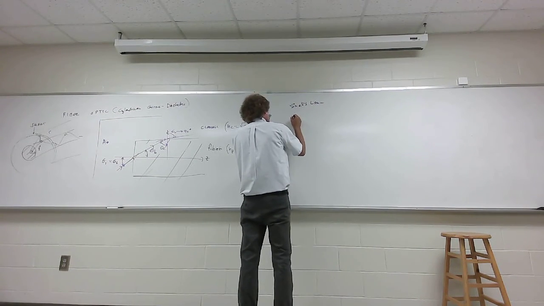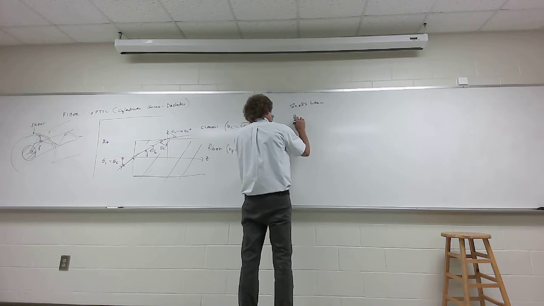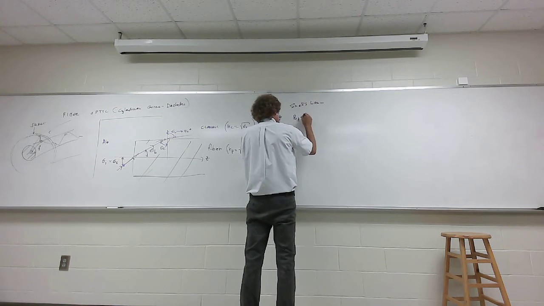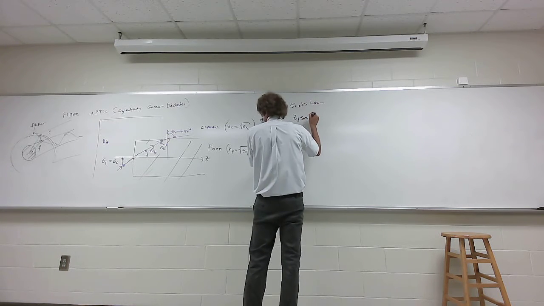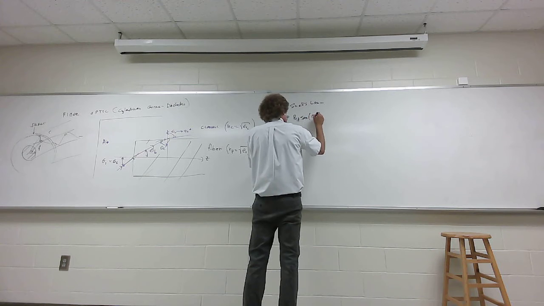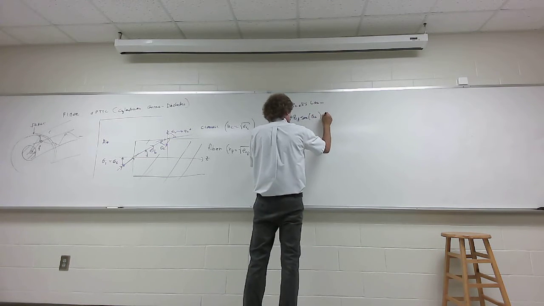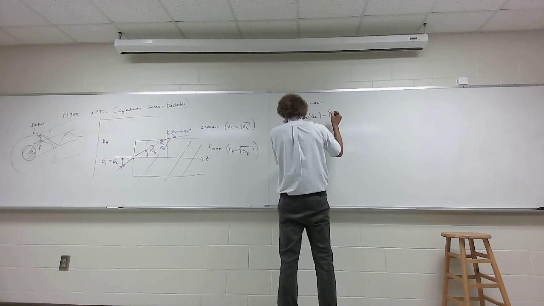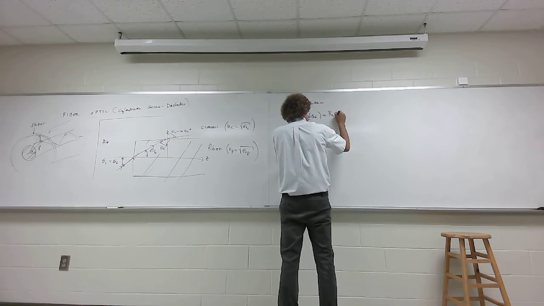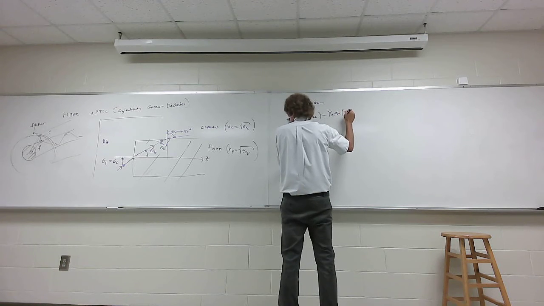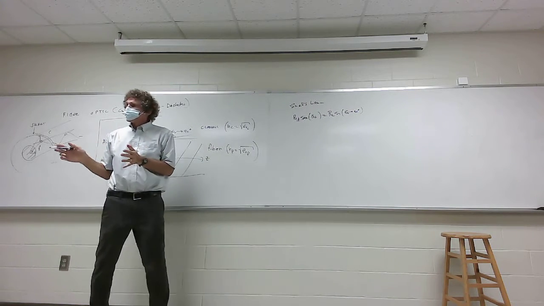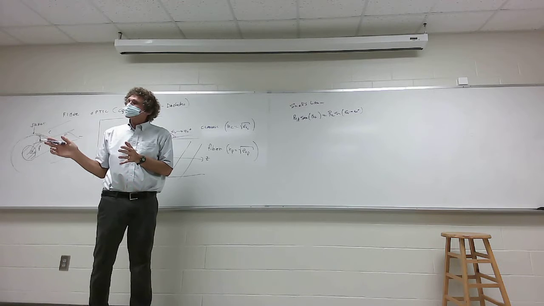So Snell's law is usually beta of the fiber times the sine of theta C would be equal to beta of the cladding times the sine of, and I call that theta R. But we know that's going to go to 90 degrees. Are you with me? I'm just showing you this for completeness, so you'll appreciate it. And it's important you do.